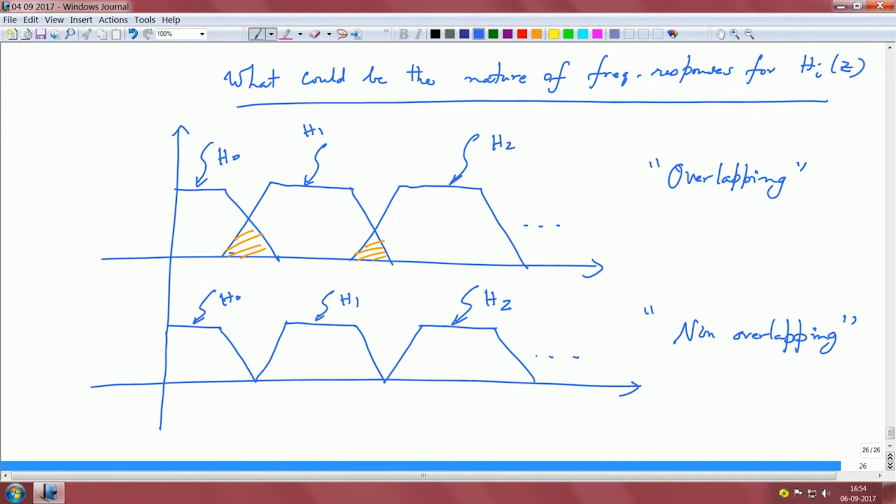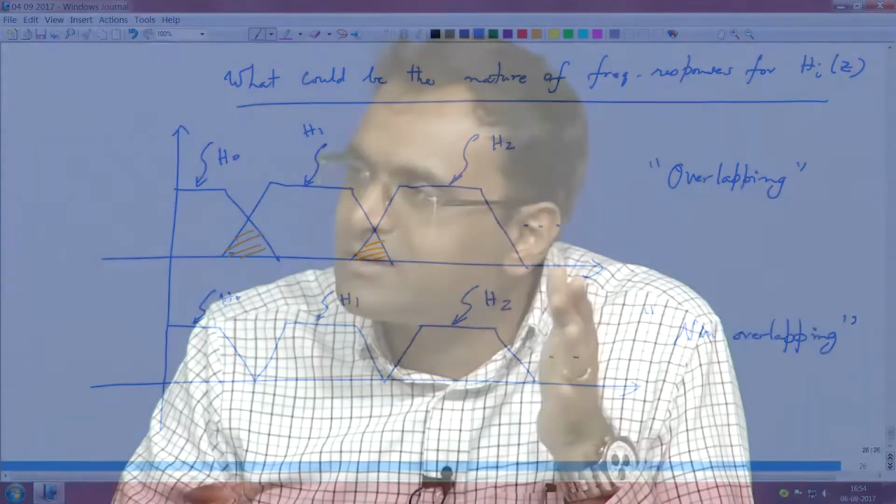So, if you were to think about having filters that have non-overlapping responses, it is beneficial for us because there is really no aliasing that you are introducing. So, therefore, when you are trying to reconstruct these things by passing them through these filters, they do not overlap in the spectral domain.